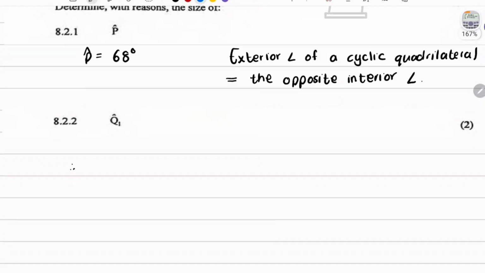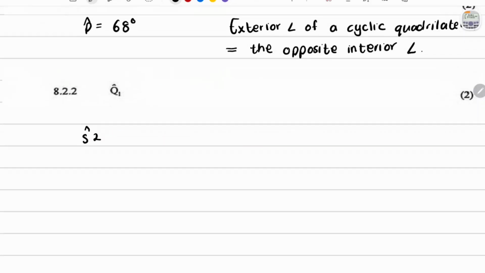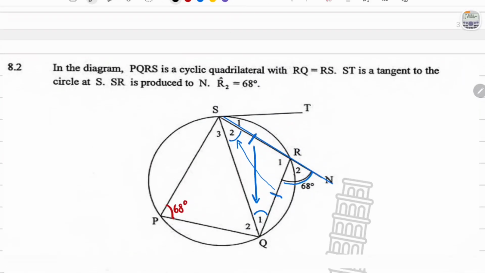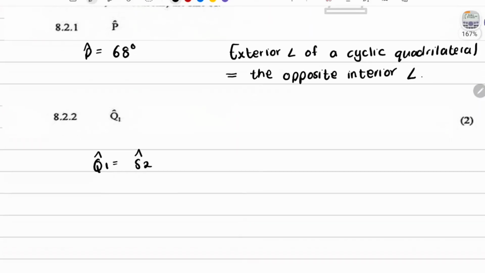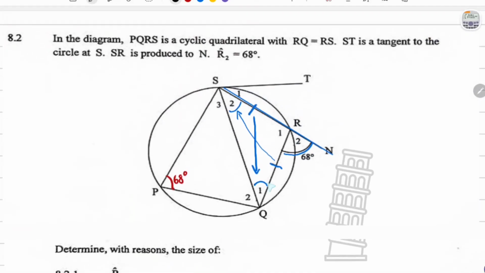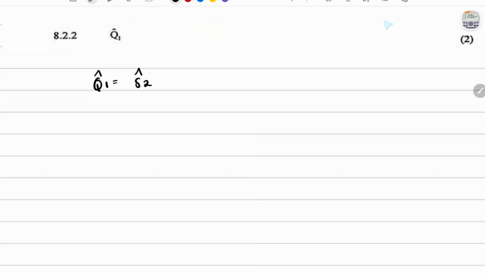So here is a way that we can show them so that it's structured. Angle Q1 is equal to angle S2, and the reason is that angles opposite equal sides are equal.